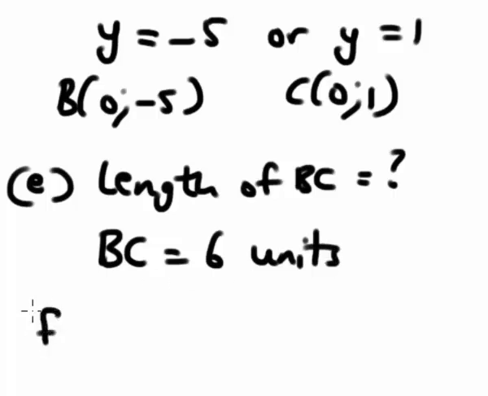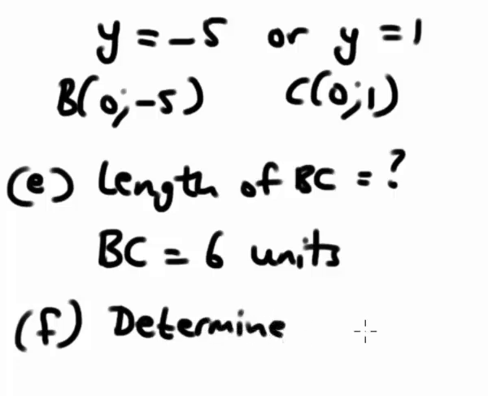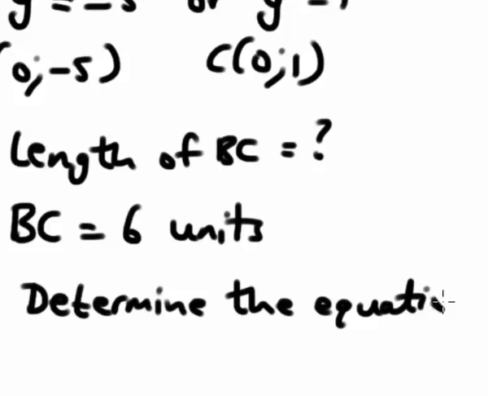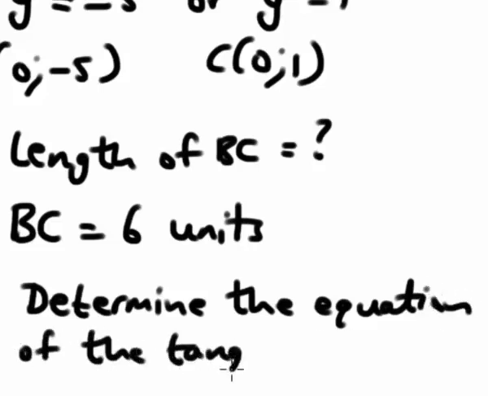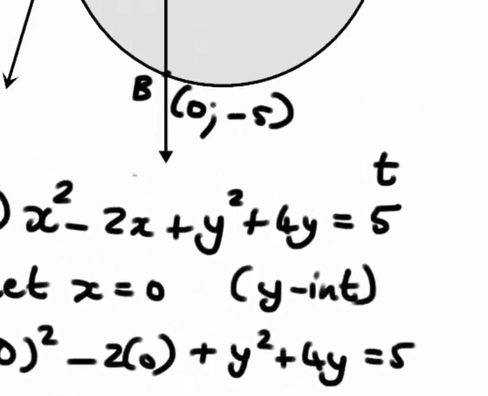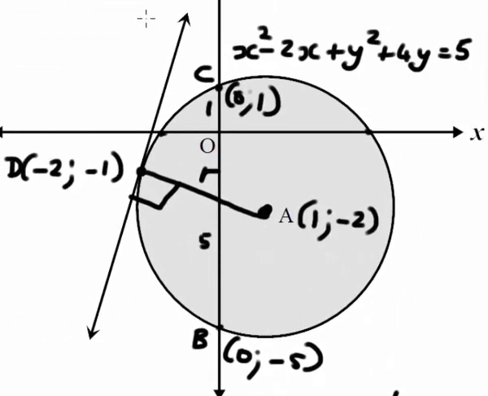Very nice. And then in the last part of this question, the classical question is: determine the equation of the tangent to the circle at the point D. How do we do it?